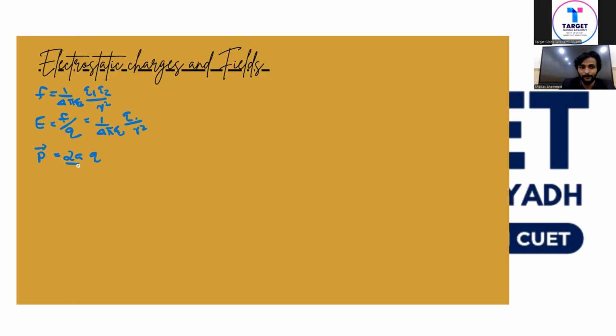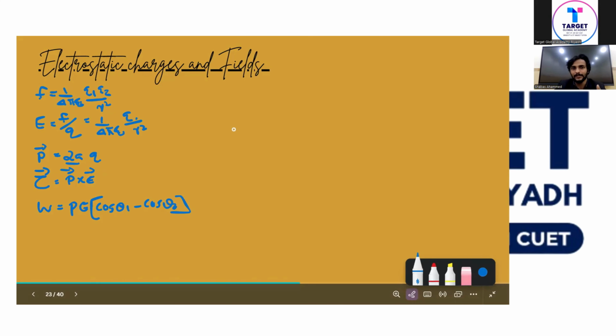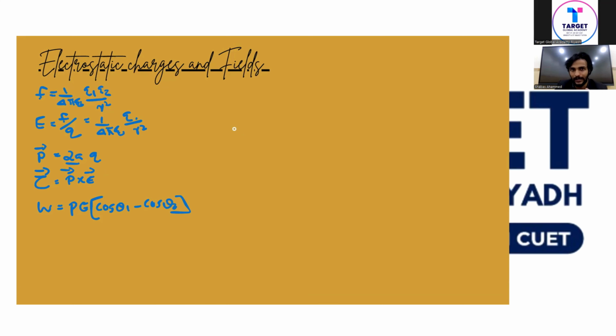So 2a is the dipole length into the charge on either side. Right. Then the torque experienced by a dipole in an external electric field is P cross E. Then the work done to rotate a dipole in an external electric field is PE into cos theta 1 minus cos theta 2. Right.